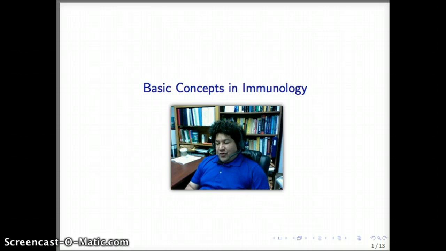But to get started, let's just keep in mind that the immune system is the Department of Defense of our body. And as the mission of the defense forces, the Department of Defense is always aiming at keeping away the unwanted.